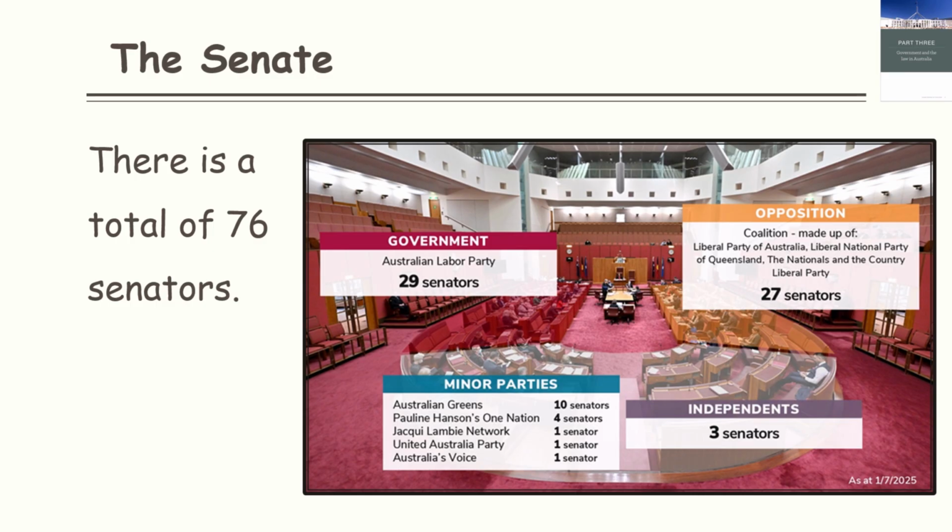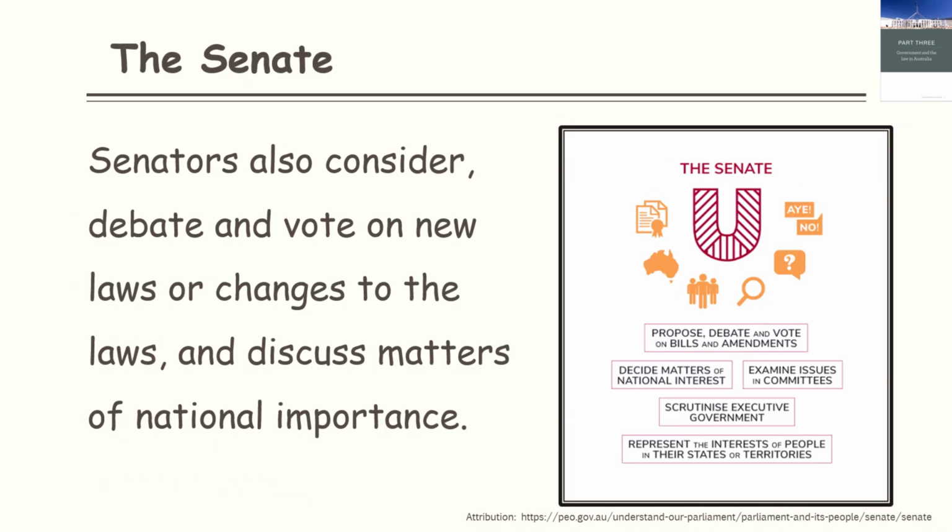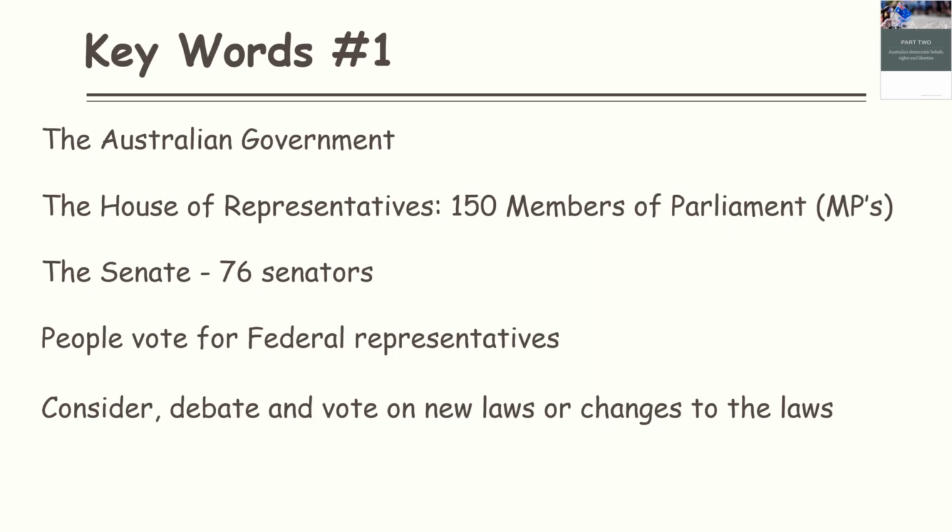There is a total of 76 senators. Each state elects 12 senators, and the Australian Capital Territory and Northern Territory elect 2 senators each. Senators also consider, debate, and vote on new laws or changes to the laws, and discuss matters of national importance.